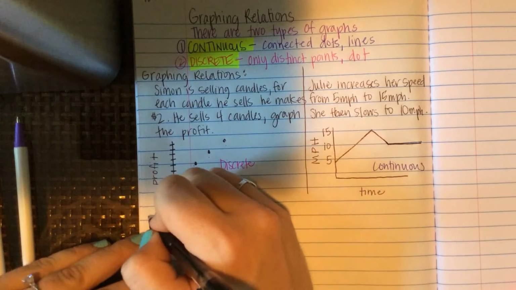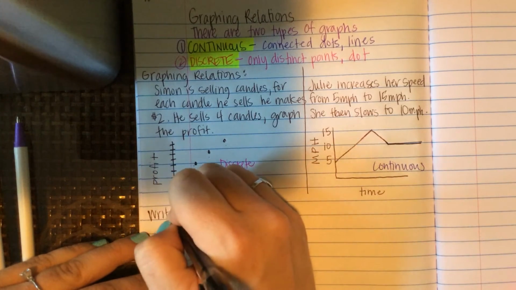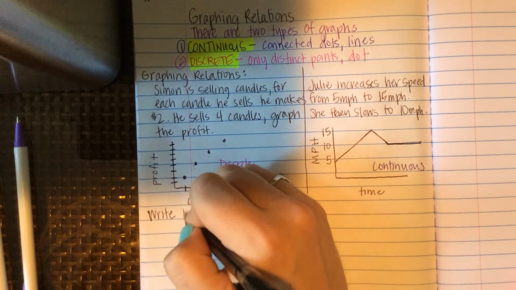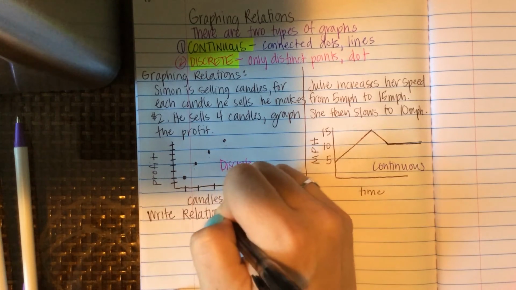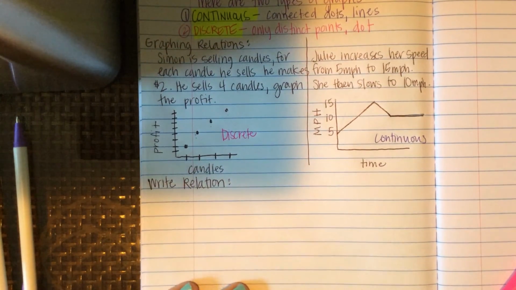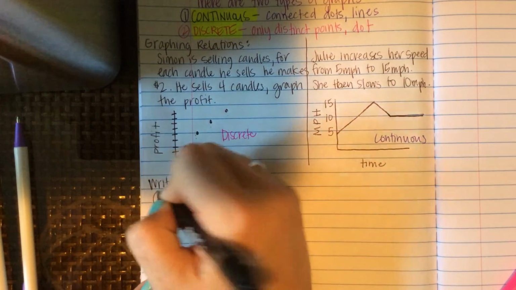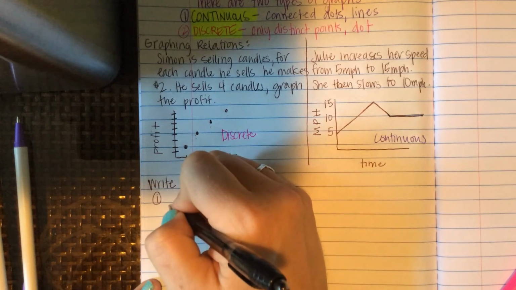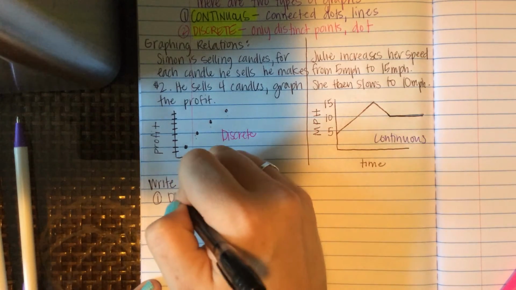You also need to be able to write a story. So writing a relation has kind of the same process. When we're writing a relation, we have 3 steps. The first step is to divide the graph into sections.